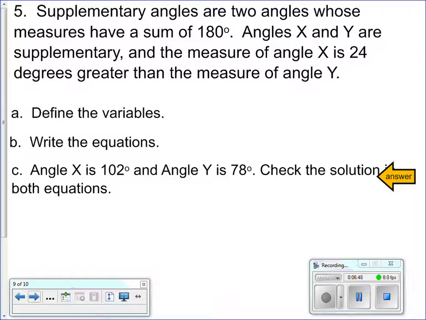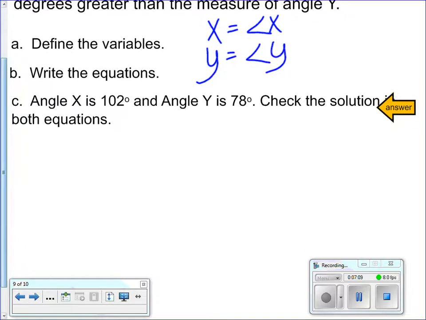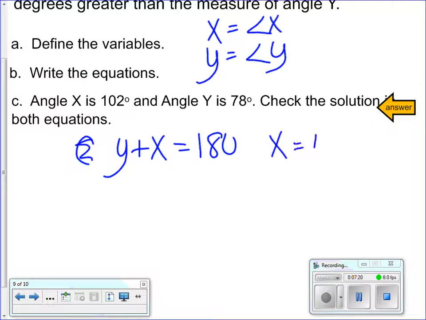Last one. Supplementary angles are two angles whose measures have a sum of 180. Angles x and y are supplementary, and the measure of x is 24 degrees greater than the measure of y. To find my variables, x is going to be angle x and y is going to be angle y. My two equations: y plus x equals 180, and the other one is x equals y plus 24.